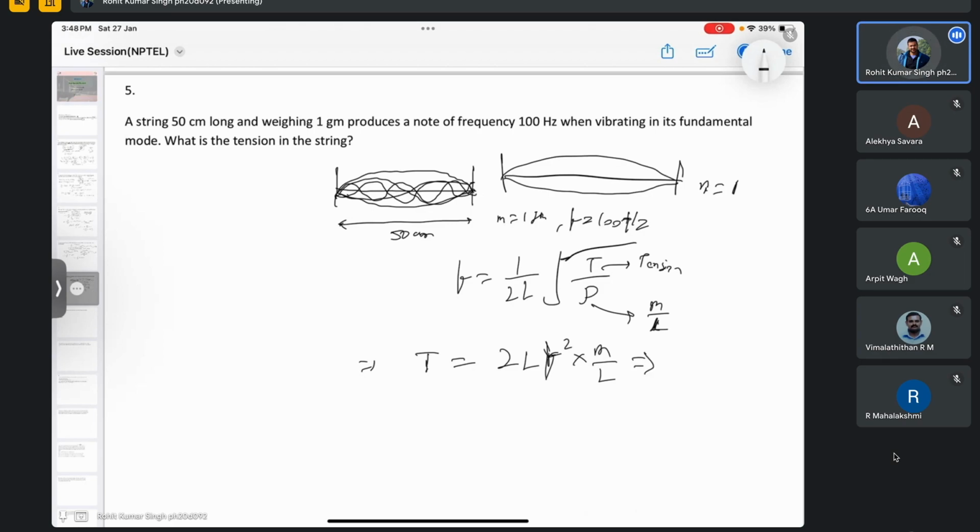And here L gets cancelled, and you can put all the values, and it will be 20 Newton, which is the tension. It's a simple exercise just to remind you of this formula. I hope it's clear.